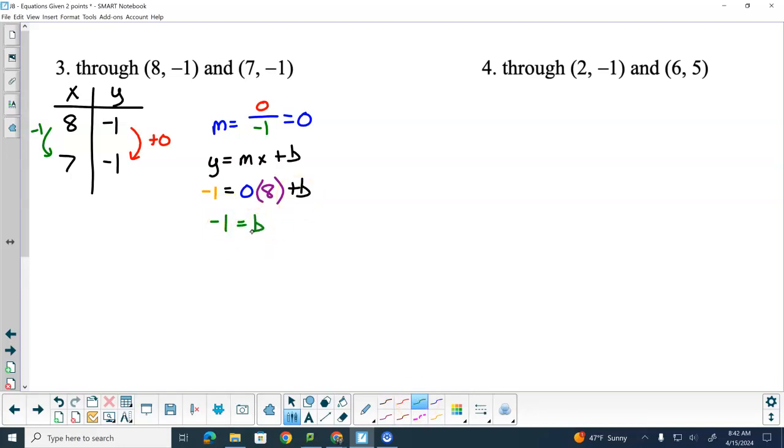And so then you would go y equals 0x plus b, but we would just write that as y equals negative 1. It's a horizontal line.